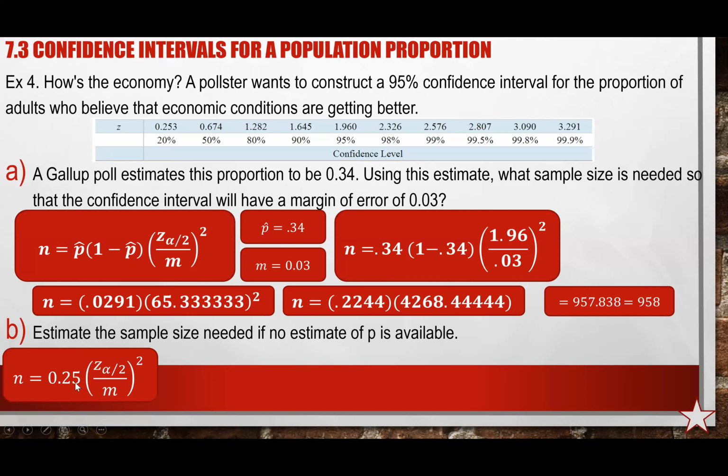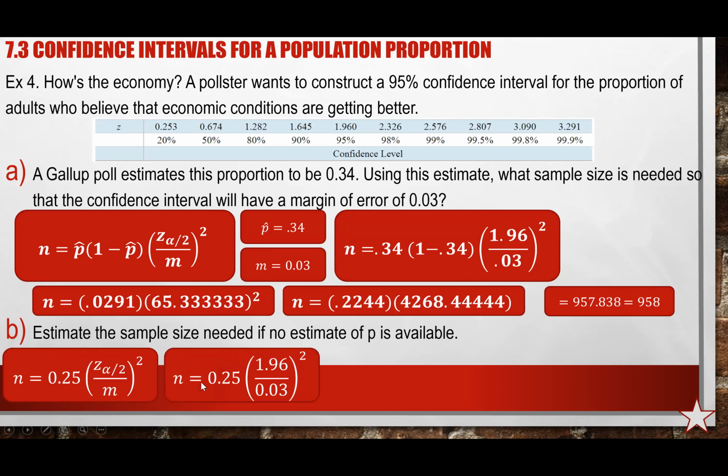Again, we just assume that 50% of the people will say yes and 50% won't. And again, 0.5 times 0.5, that's where the 0.25 comes from. But you don't have to know where the 0.25 comes from. Just know that if you don't have an estimate, then you have to use 0.25. This is a fixed number, okay?